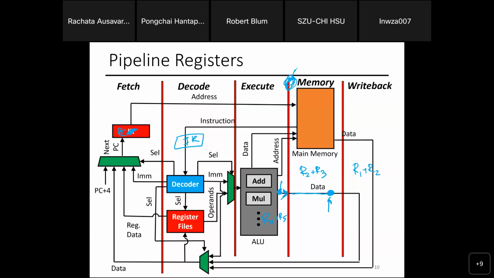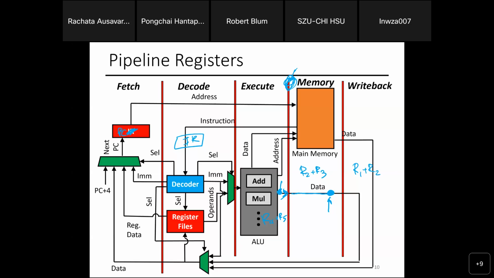So right now, the input to this pipeline register is R4 plus R5, but it's storing R2 plus R3 right now, which also means it's giving the output R2 plus R3. So the wire that comes out of it will measure R2 plus R3. Once I clock, R2 plus R3 is gone. R4 plus R5, which was the input, goes into the buffer.